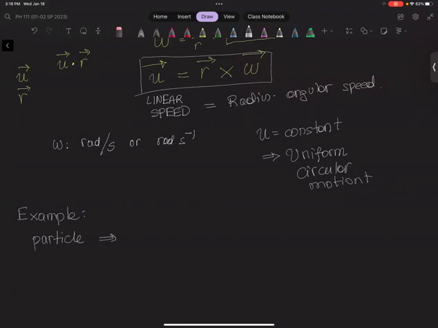The particle moves in a circle at an angular speed, omega equals 0.2 radians per second. Find the linear speed at a distance, the distance vector r equals (3, 4) meters.